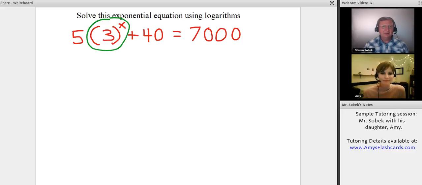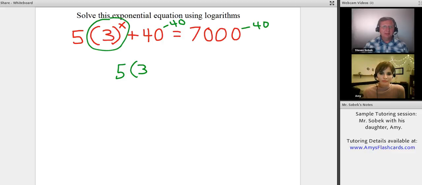All right, so what do you suggest we do first, Amy? We subtract 40 from 7,000. Right, we're going to subtract 40 from both sides. Subtract 40 from this side, and that leaves me with just 5 times 3 raised to the x power.